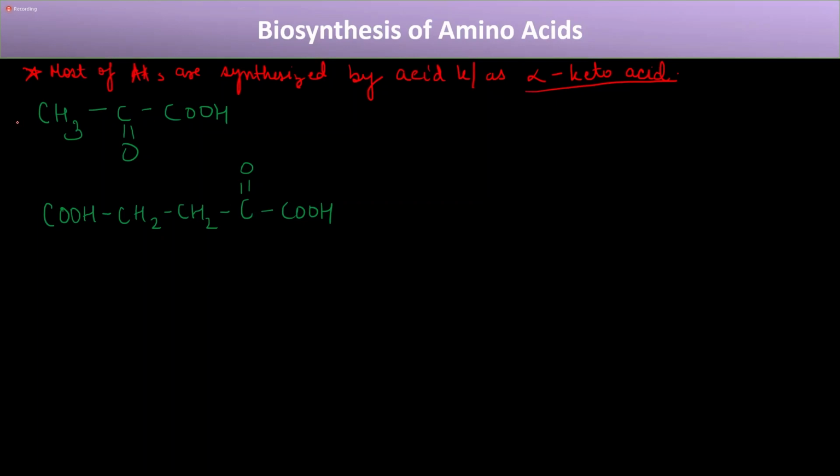For example, here we are seeing two alpha keto acids. The first structure is pyruvate. Here we can see that this first C, on which the functional group is attached, is known as the alpha carbon, right?